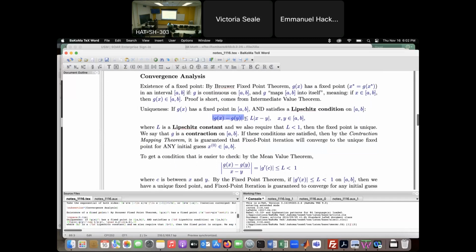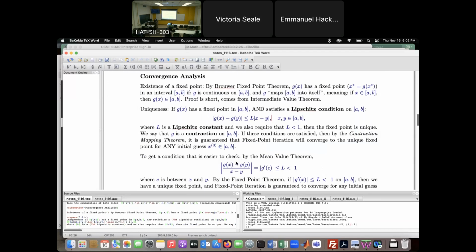Now this Lipschitz condition is not easy to check, but there is a simpler condition. If a function G is also known to be differentiable, then g of x minus g of y over x minus y, by the mean value theorem, is equal to the derivative at some point between x and y.